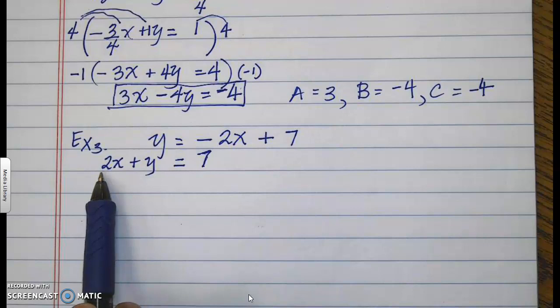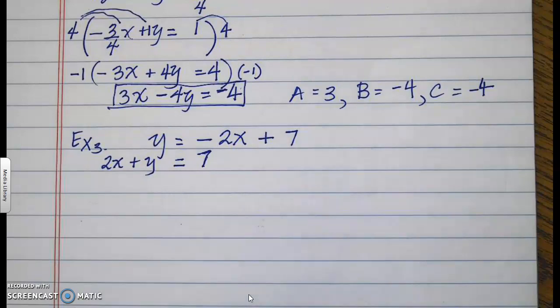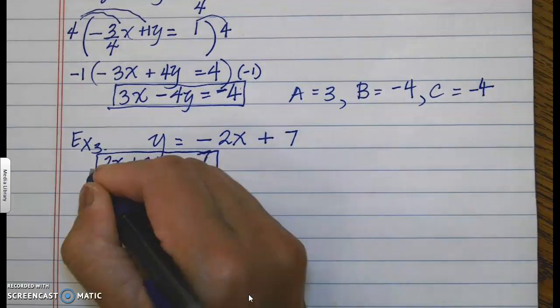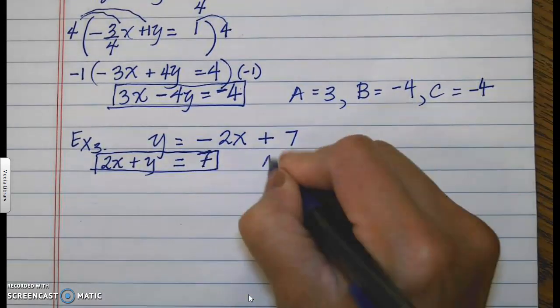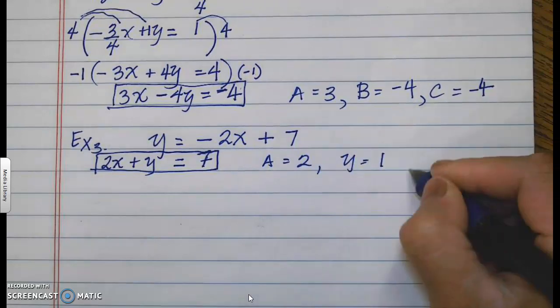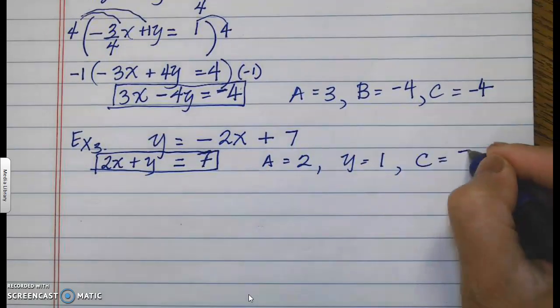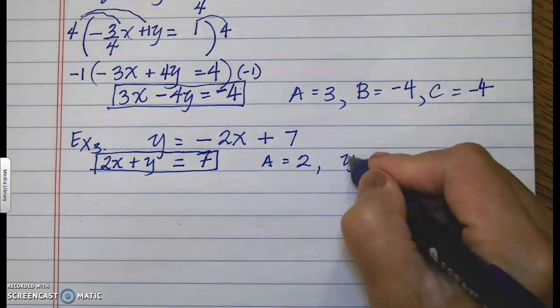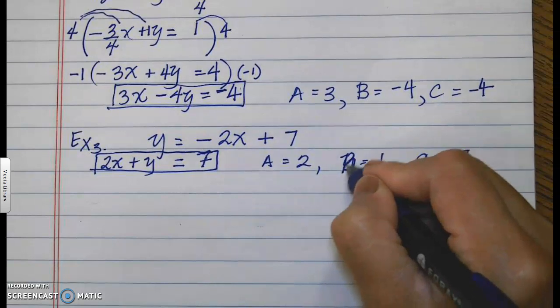And the A is positive, so there is nothing to do here. This is it already. That's your final answer. Okay, that's a 7. And in this case, your A is a 2, your B is a 1, and your C is a 7. Okay, I'm sorry guys, I'm being very, very careless today. So that's a B.